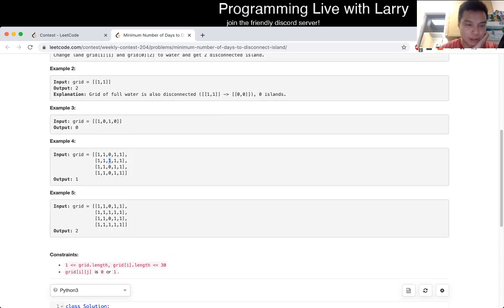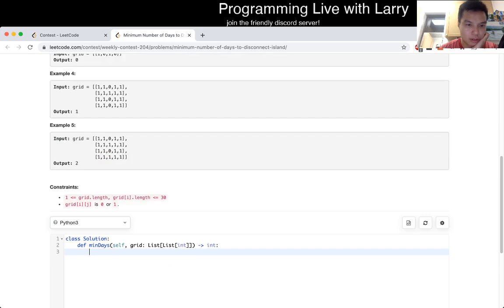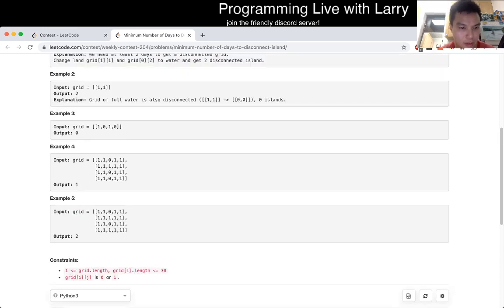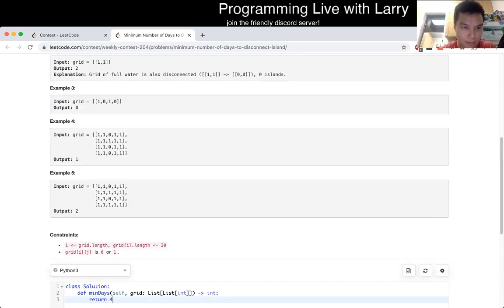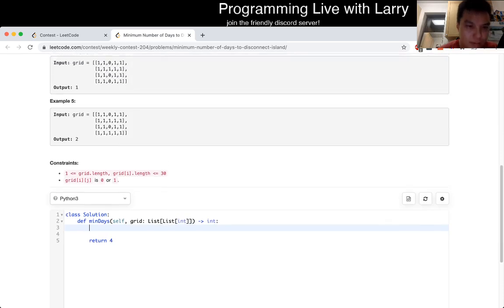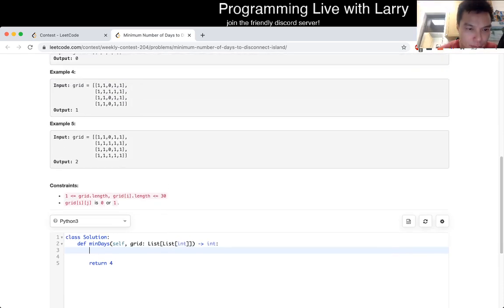So this is the only answer for 1, I think. Right? And this wants to show that this is 2, but can it even be 4?